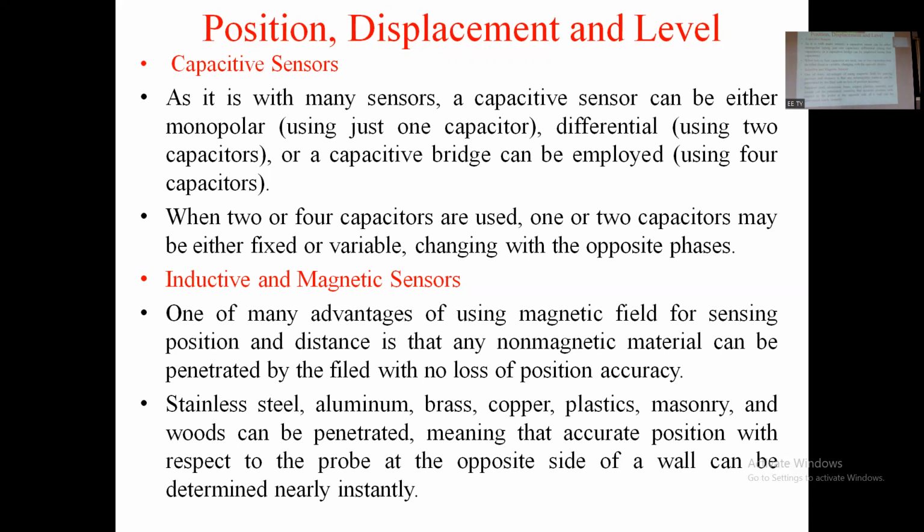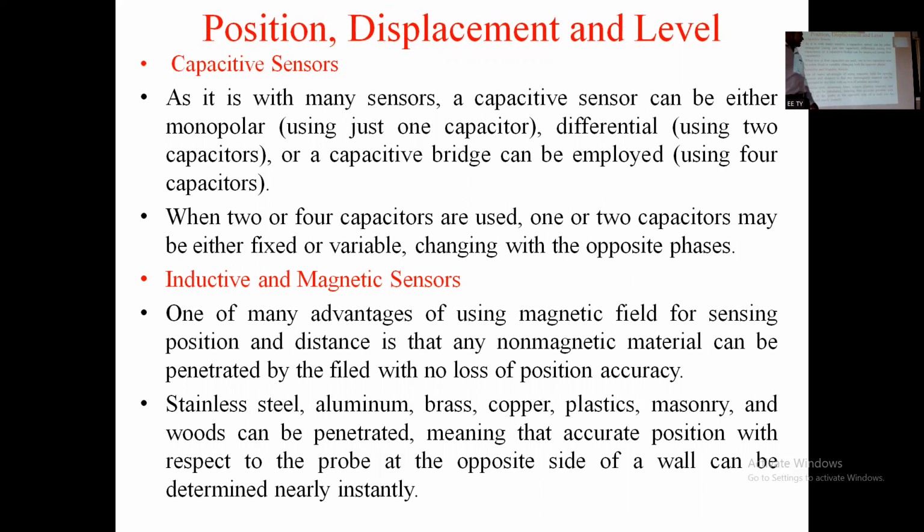Without losing its accuracy or its position, we are able to penetrate to the opposite side of the wall. The opposite side of the wall can be determined nearly instantly. That means there is a wall, and we want to drive a screw from this side through to the other side. Okay. So without losing its position, we are able to penetrate by using magnetic and inductive type of sensor.